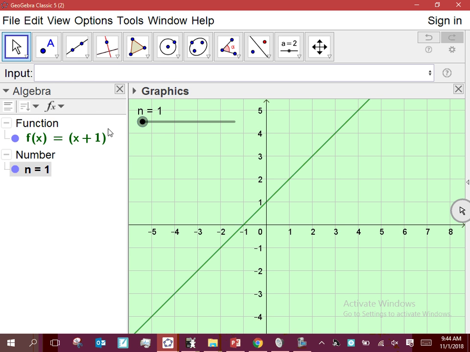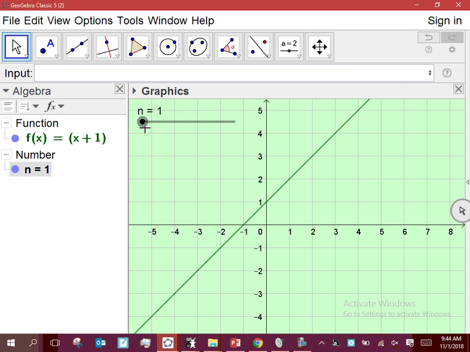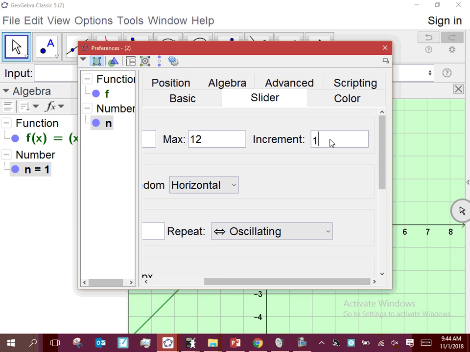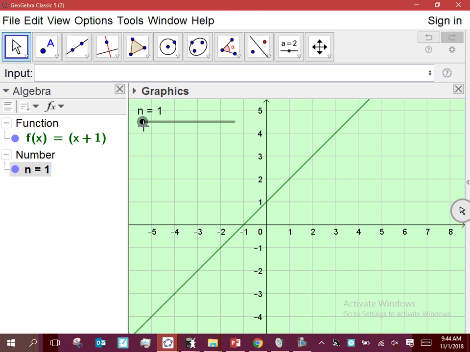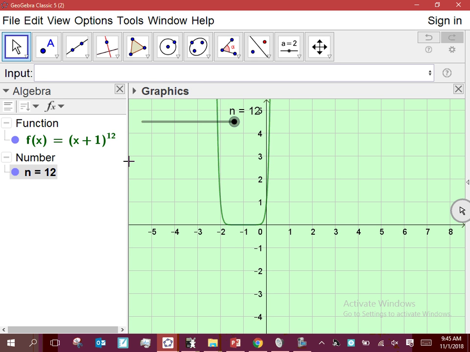So just kind of visualize what's going on there at that x-intercept of -1. If I make this thing go to 2, still have an x-intercept at -1, right? Okay. What about 3? Still have an x-intercept there? What about 4? What about 5? 6, 7, 8, 9, 10, 11, 12, right?